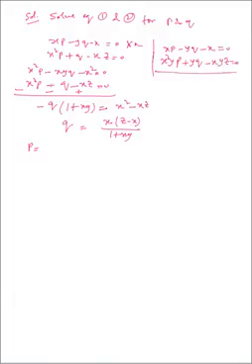So we add xp common, 1 plus xy, both are negative, we take on another side x plus xyz. So x cancels out, so p is equal to 1 plus yz upon 1 plus xy.